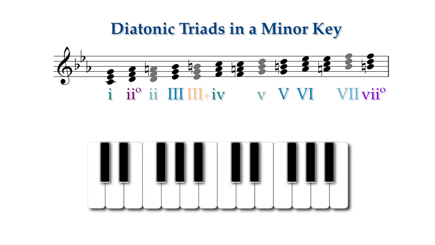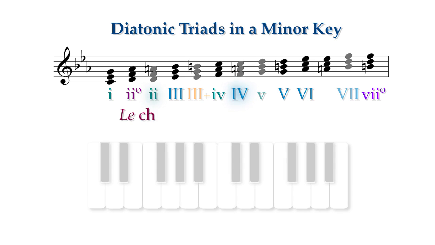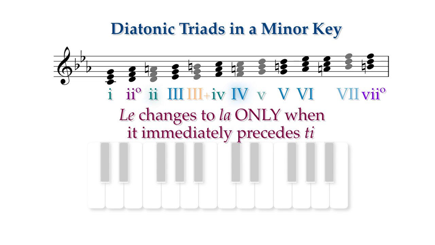Raising the 3rd of the minor 4 triad makes it major. Since these chord qualities match those in a major key, their use will make it sound like we are in a major key, not a minor key, so we avoid them when possible.